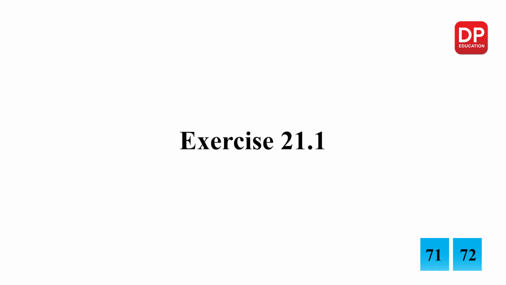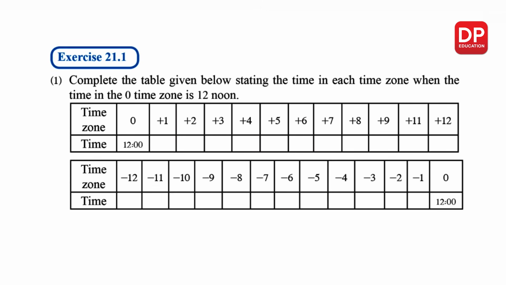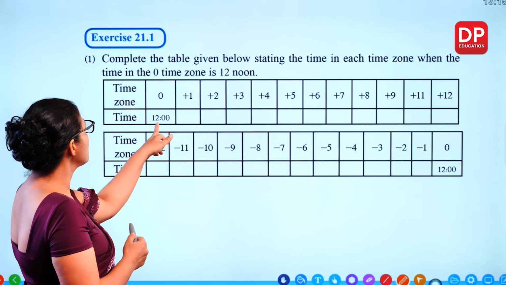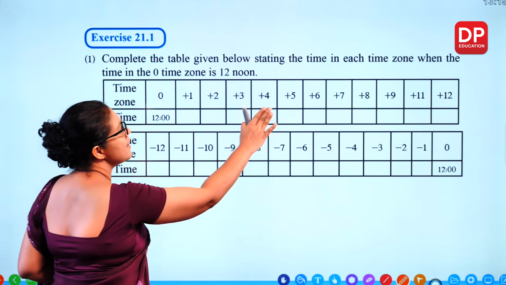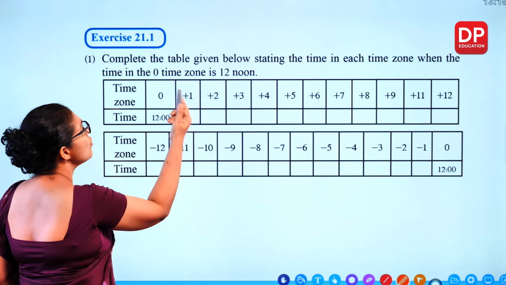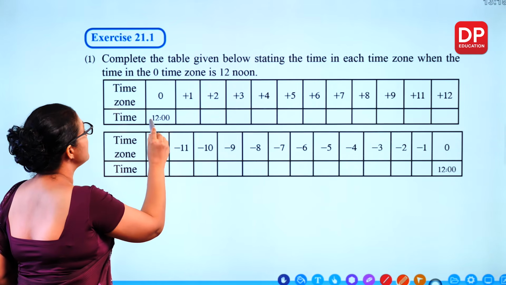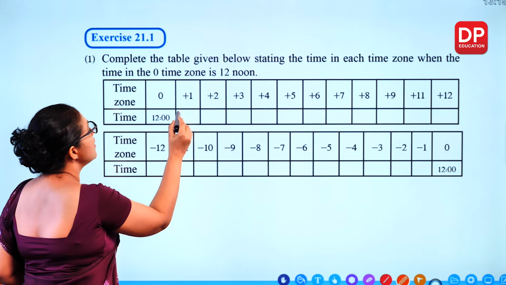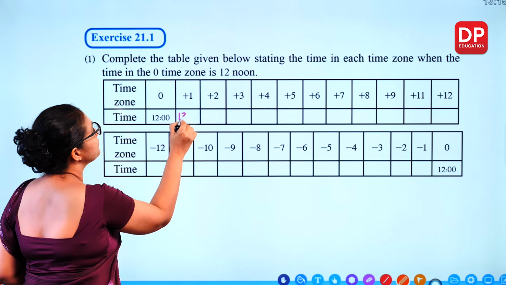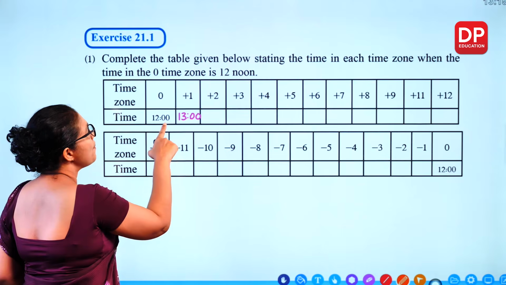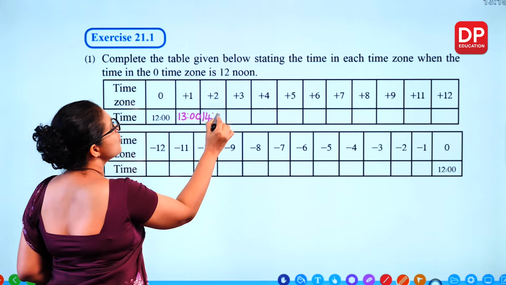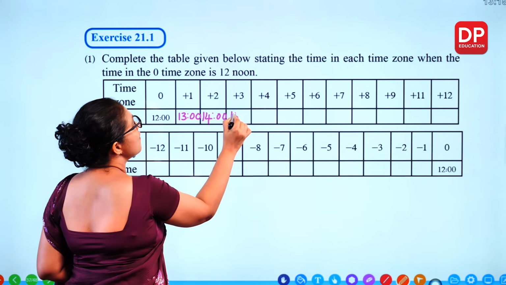Exercise 21.1. Complete the table given below stating the time in each time zone when the time in the 0 time zone is 12 noon. So this is 12. This is the plus side to the east, so you need to add 1. 12, this is noon, plus 1, you get 13. That's 1 p.m. This is 2 p.m., 14, 15.